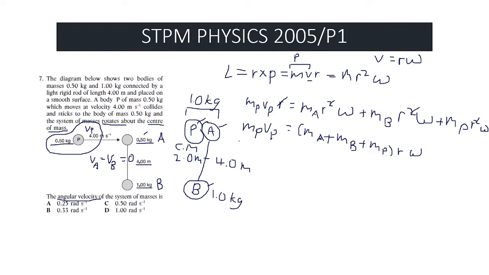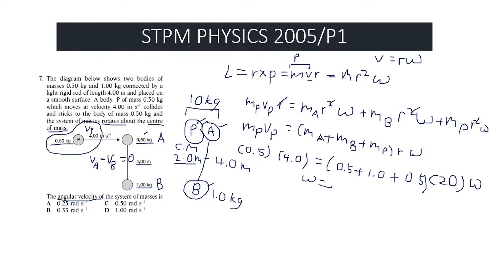Now this mp is 0.5, initial velocity is given by 4.0, and ma is 0.5, and b is 1, and mp is also 0.5. r is 0.2, we already found out here, and this angular velocity is what we want to find out.